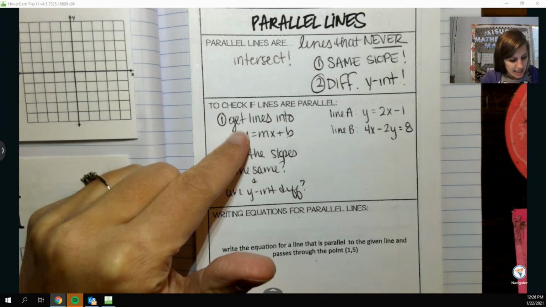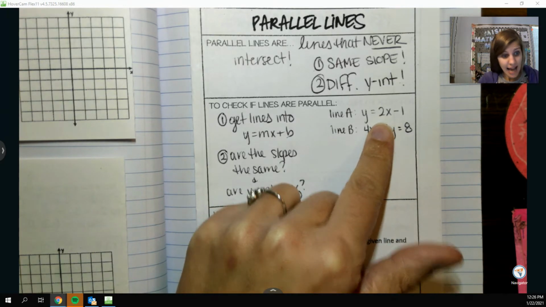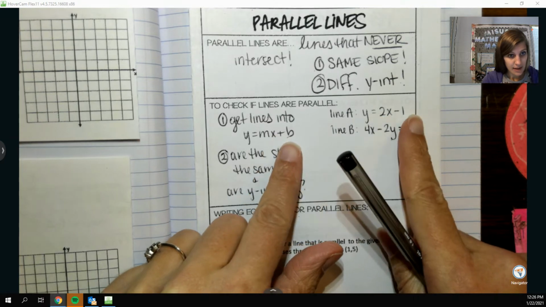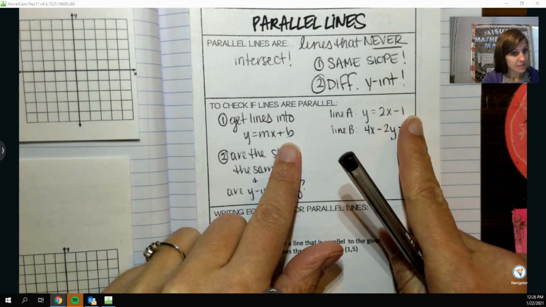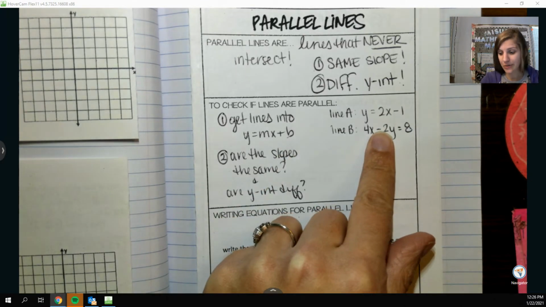I need to get the lines into y equals mx plus b. Luckily, line A is already that. I can tell because we got y equals a number with x and then a number without x. Line B, unfortunately, is not. That one's in standard form.